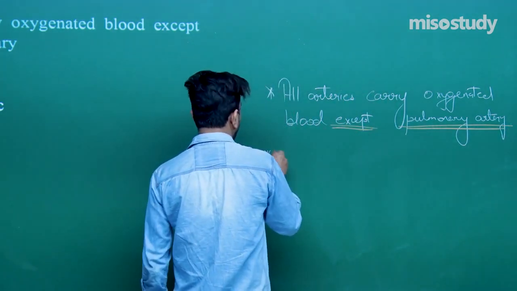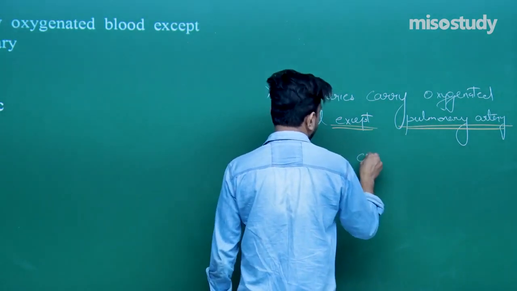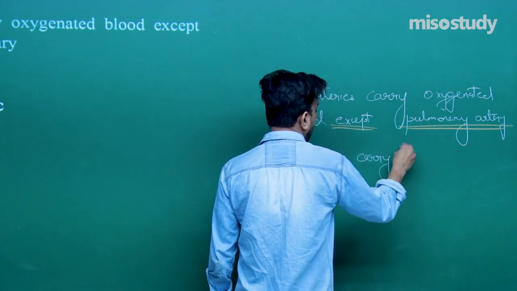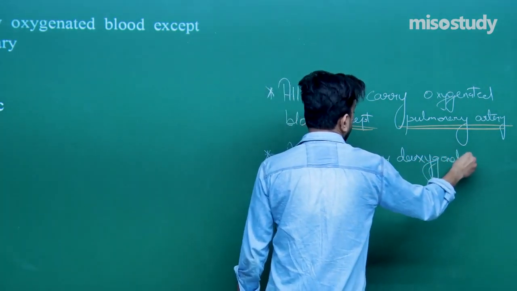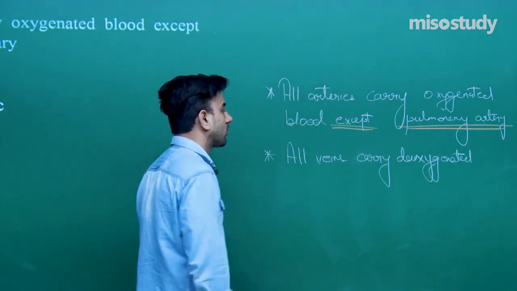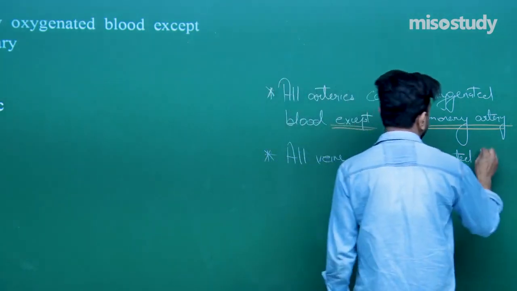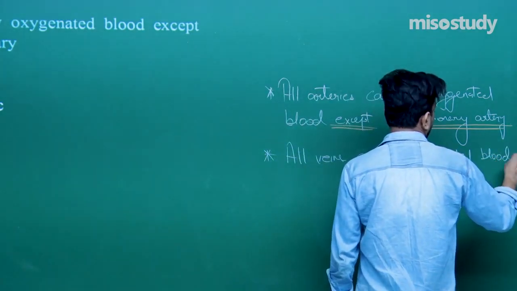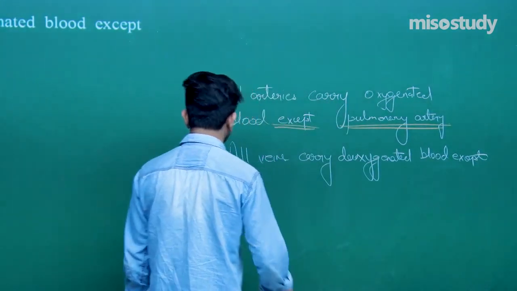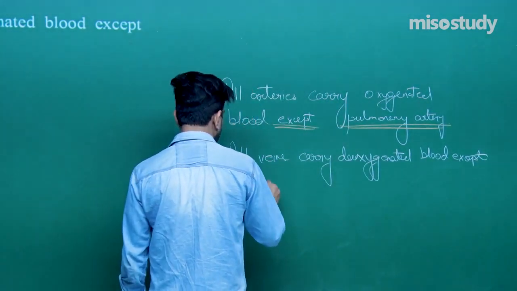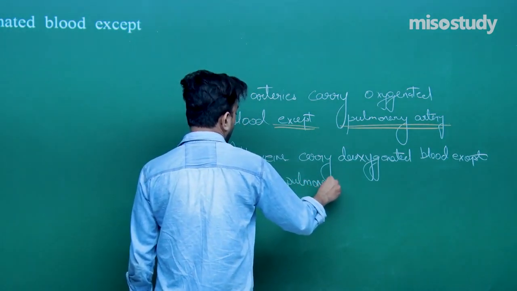And similarly, all veins carry deoxygenated blood, except for the pulmonary vein.